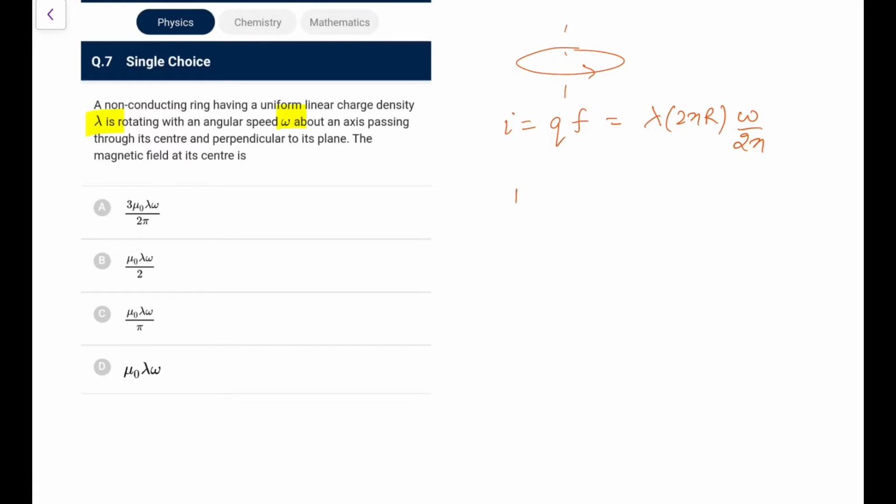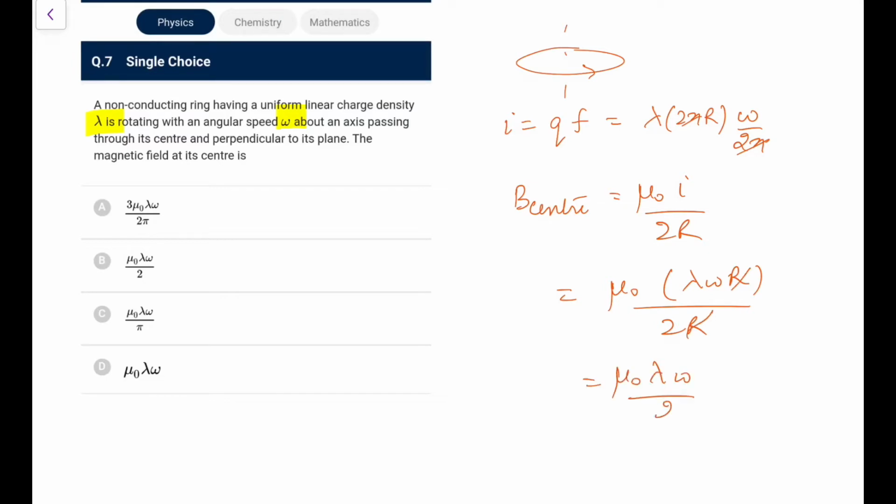And now the field at the center due to a current ring, that formula you all remember, that is mu naught I by 2r. So putting that formula, this would be mu naught I, this 2 pi goes, so mu naught lambda omega r upon 2r. So this r and r goes, this is mu naught lambda omega by 2. I can see this as option B. So this is the 7th, option B would be right.